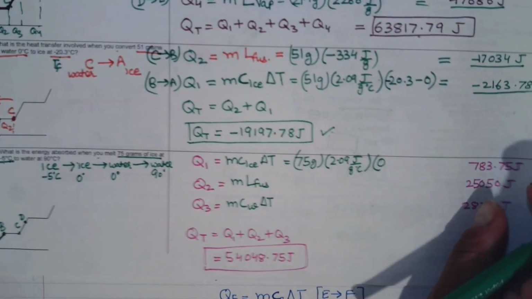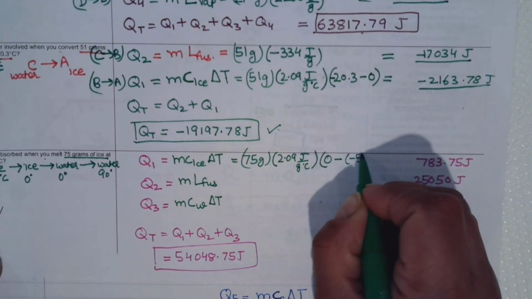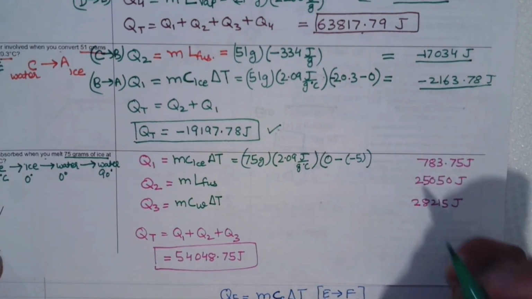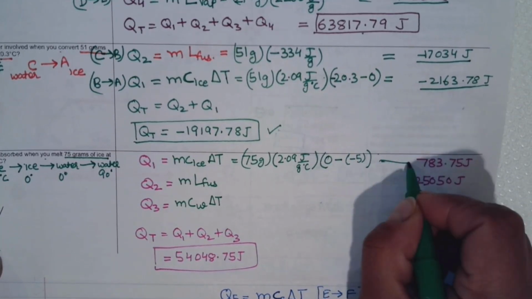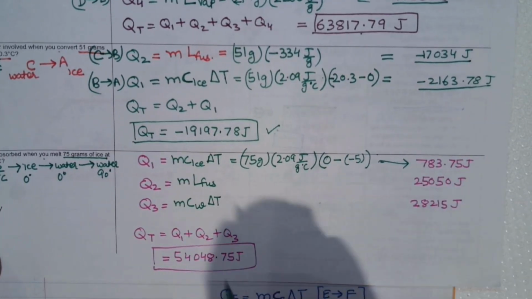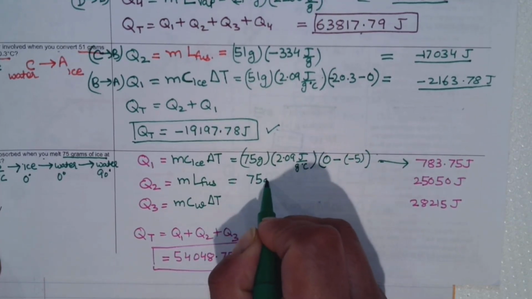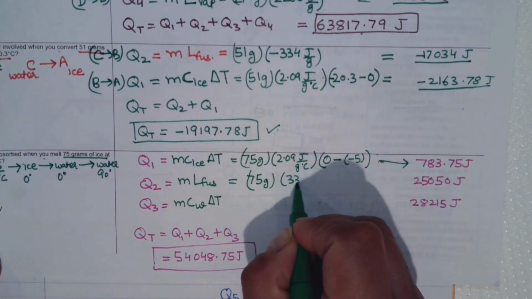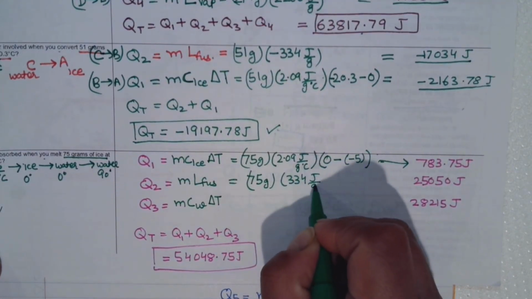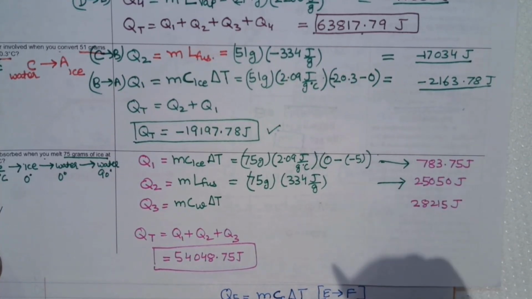So 0 minus -5, right? And then when you solve that, you are going to get this number here, right? And then again, Q2 is 75 grams. Latent heat of fusion of ice is 334 joules per gram. And when you solve, you're going to get this.